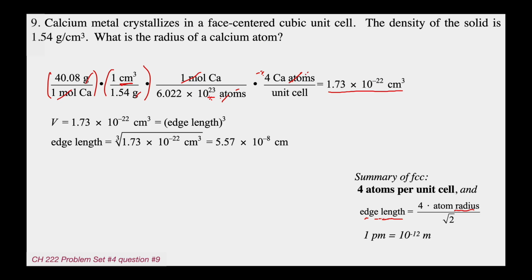The volume equals this number, and volume for these equals edge cubed. So we want to take the cube root, and in your calculator, you might have this little symbol. It's like a square root sign, but it has a 3 next to it. That's called a cube root. And if you apply the cube root to the volume, you should get 5.57 times 10 to the minus 8th.